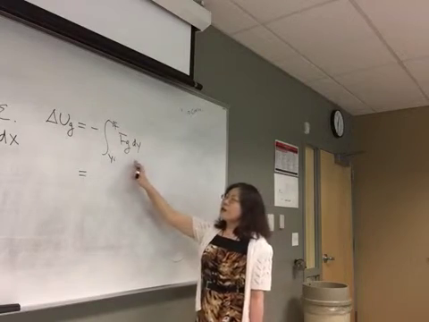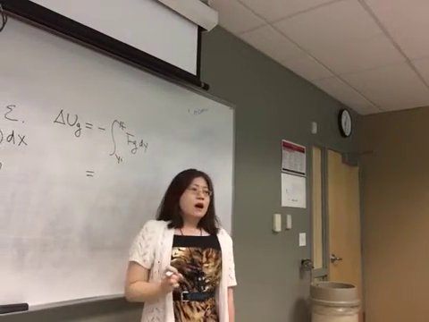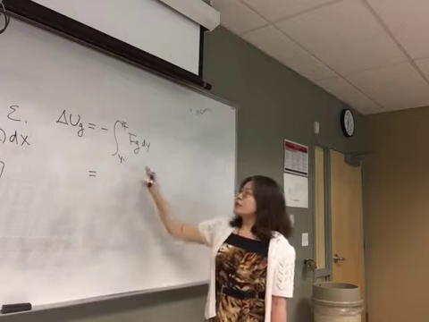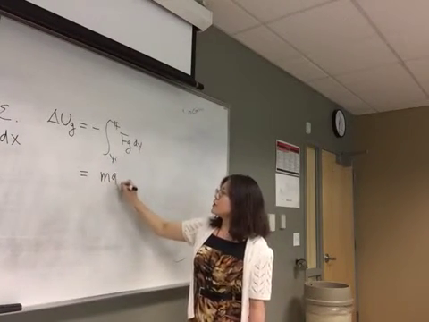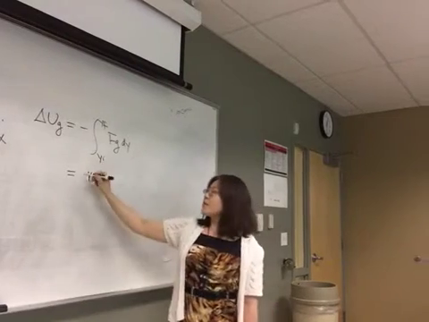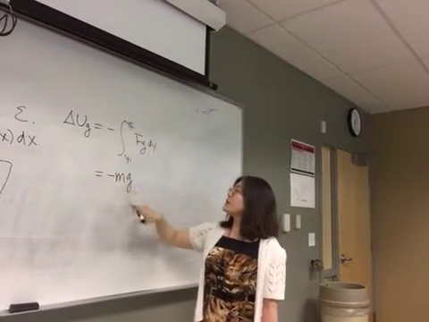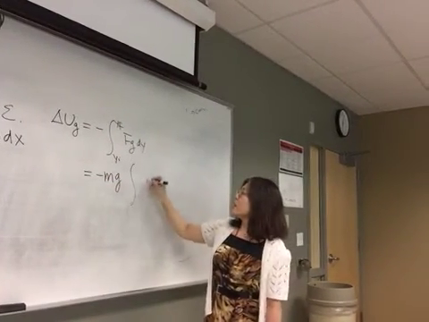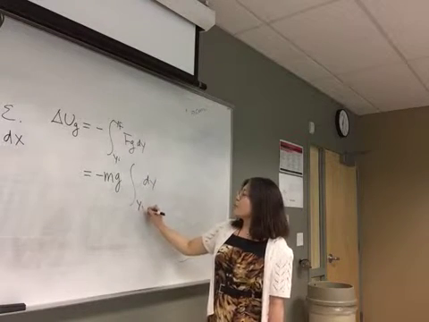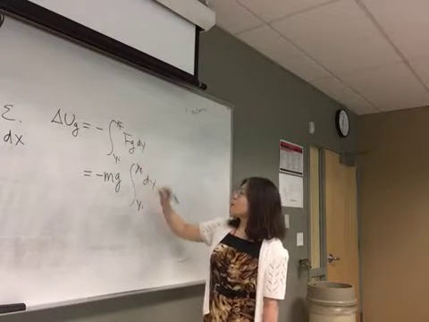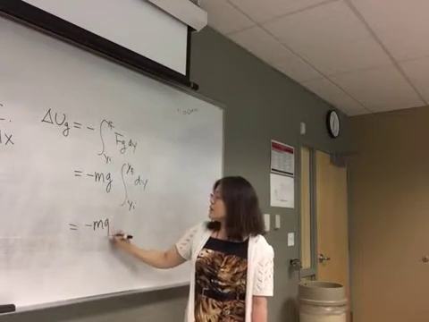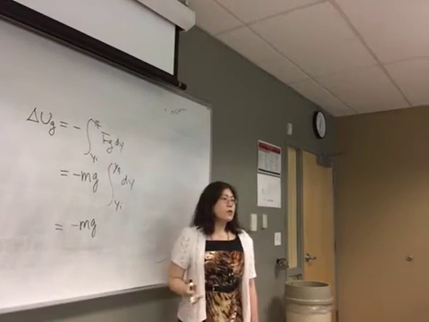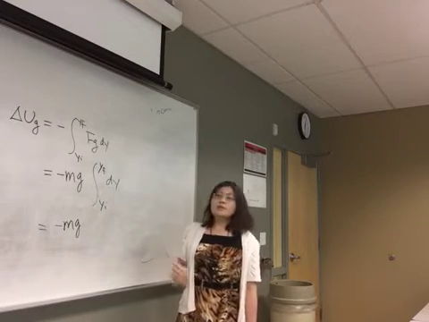Your gravitational force is just mg, which is a constant, so you can bring it outside the integral sign. You have negative mg, then dy, from the initial point to the final point. For those of you who know how to do this, we integrate dy.